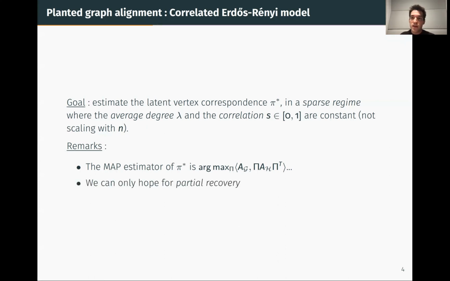Another remark, interestingly, is that we cannot hope for exact recovery in this setting here. We only hope for partial recovery. So why is it impossible to match every node?